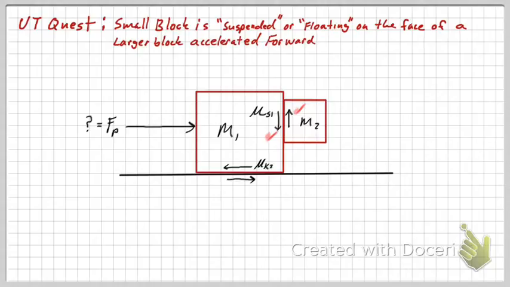Okay, and this guy right here, we can deal with conventionally. This guy we don't care about because it's acting on the floor, and we want to know what's acting on the block.